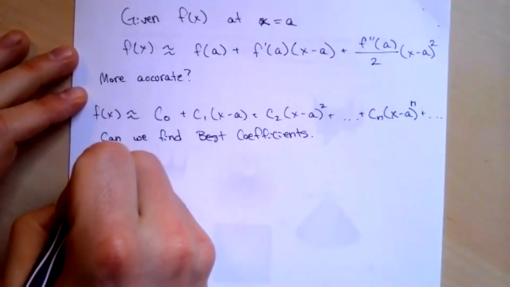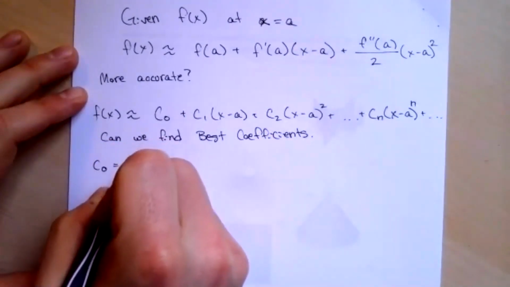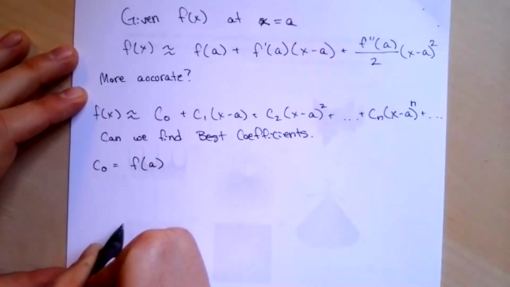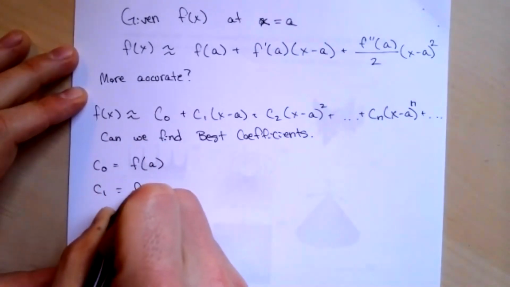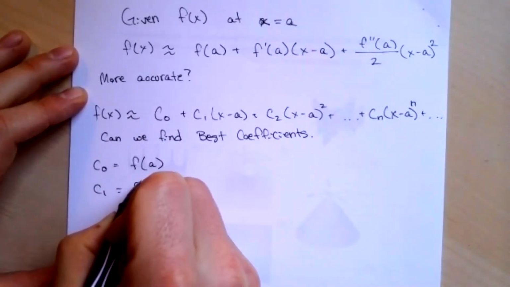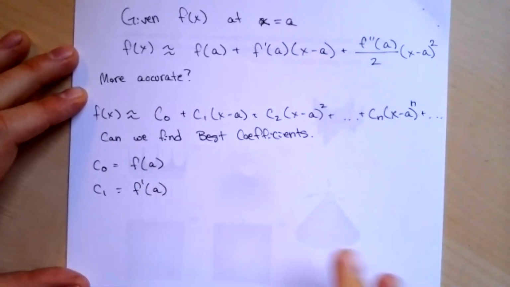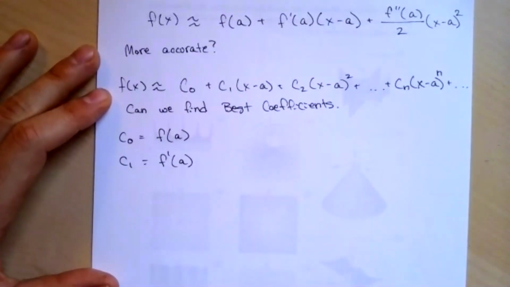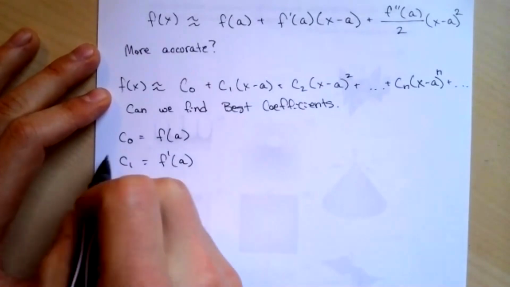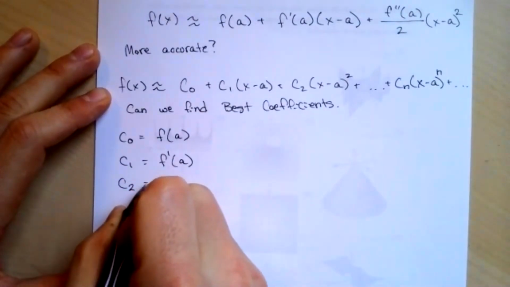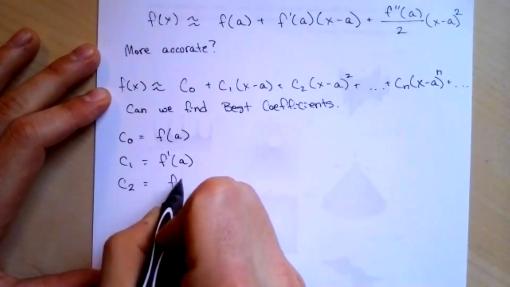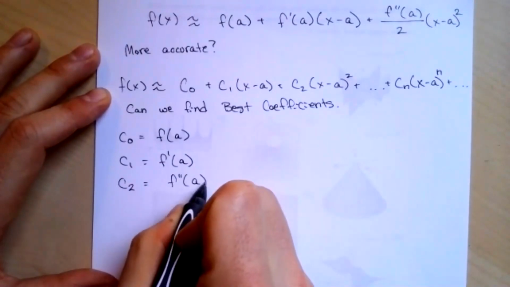Namely, what did we find? We find that c0 is going to be the value of the function at a. c1 is going to be the first derivative evaluated at our base point. c2 we found was related to the second derivative.